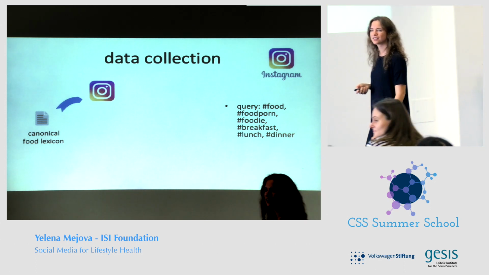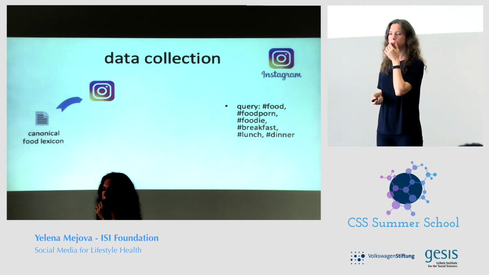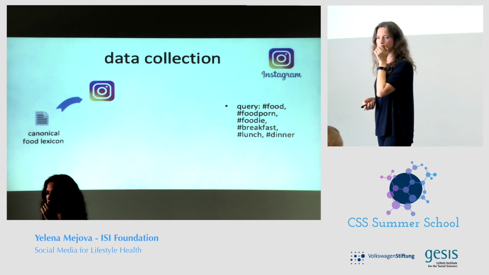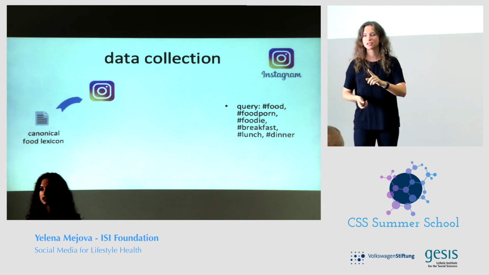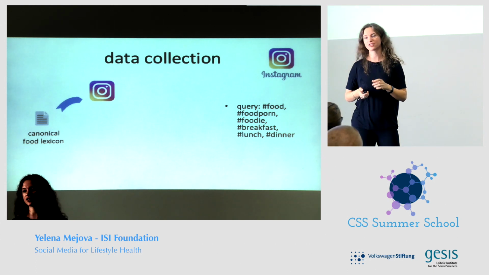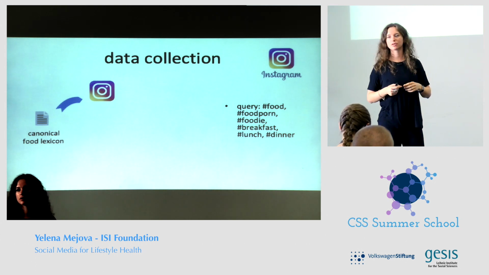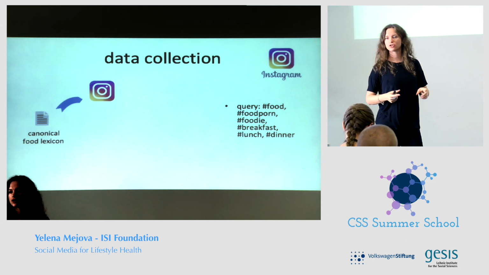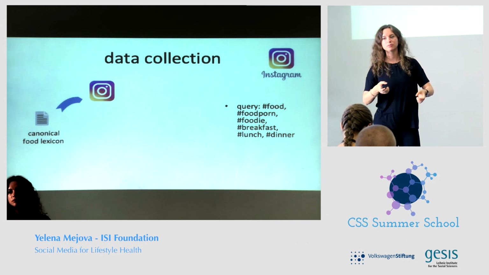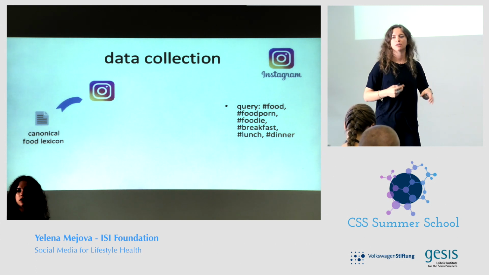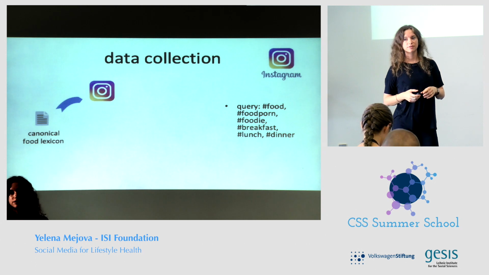Just a question of understanding: so this food lexicon is actually images, right? No, it's just these hashtags. The lexicon is the words that you are sending to the API, and it returns to you the posts and the images and all these things.